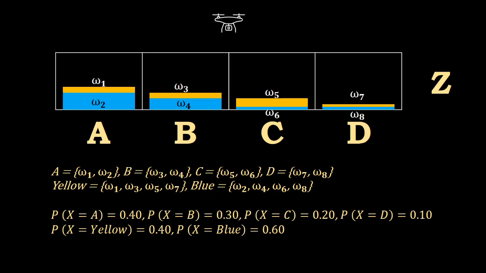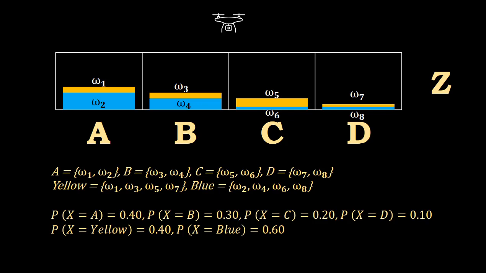So now we can obtain the probability for each of those events. The probability that x equals A is 0.4. The probability that x equals B is 0.3.